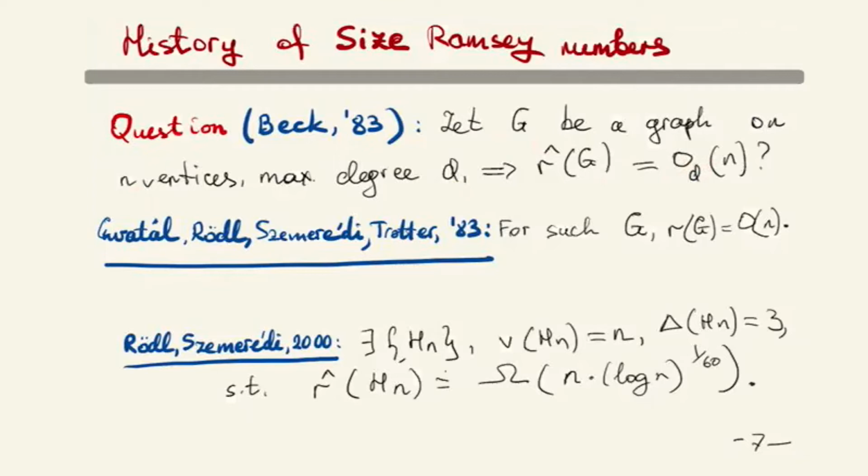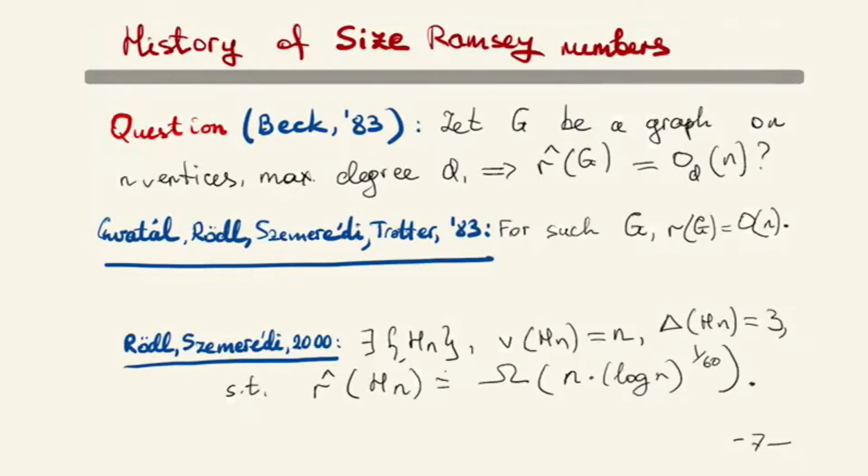And so first of all, what can we tell at all about this size Ramsey number? Already back then, it was known that this number must be subquadratic. Why? A result of Chvátal, Rödl, Szemerédi, and Trotter from around the same time says that for any graph G which satisfies this property, meaning it's a graph on n vertices and it has bounded degree, its normal Ramsey number is linear.